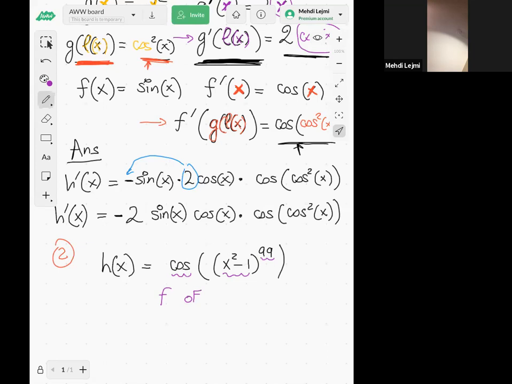Cosine of x squared minus 1 to the power 99, or in other words, the cosine of power 99 of x squared minus 1. So the cosine will be my f, of power 99 of g, of l. So the l would be the x squared minus 1.